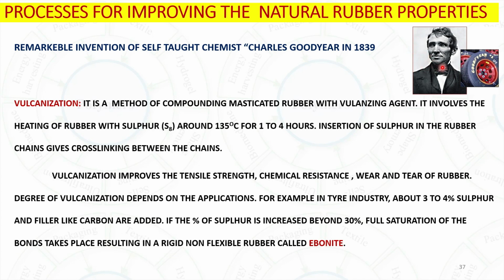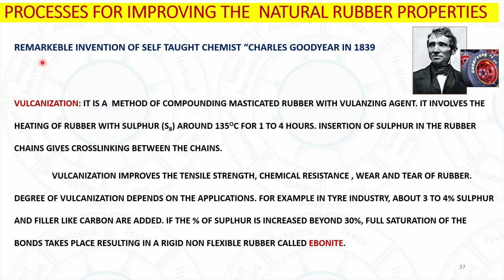However, the owner of that company is not Charles Goodyear, but some other person. But to honor Charles Goodyear, who enhanced the properties of rubber for the application of tires, that person named his company Goodyear Tires, after Charles Goodyear.